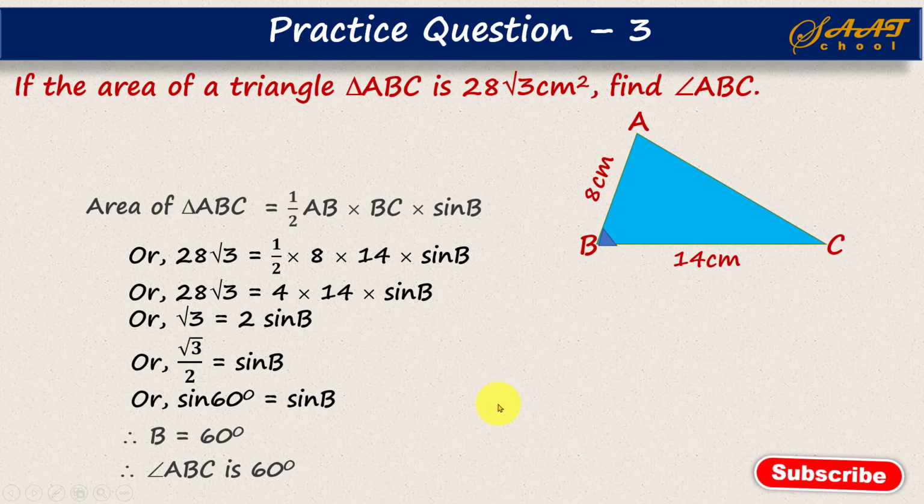That's why angle ABC is 60 degree. Again, this angle, which is angle ABC, is 60 degree.